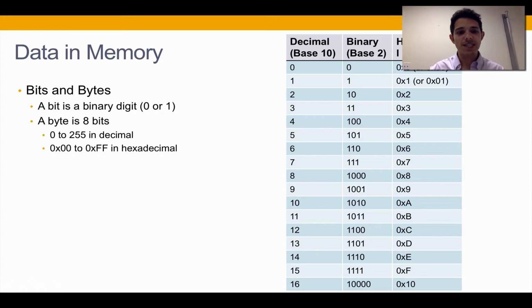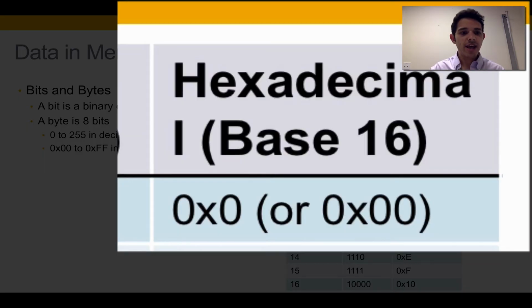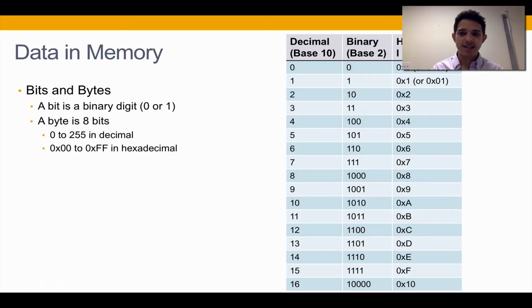It can also be represented in hexadecimal. So what is hexadecimal? This is base 16. And the way it's often denoted is by 0x and then these hexadecimal digits. The 0x is really just a signal that says, hey, I'm in hexadecimal.